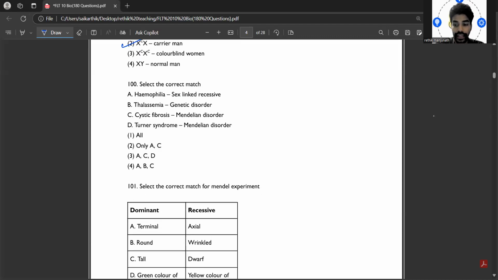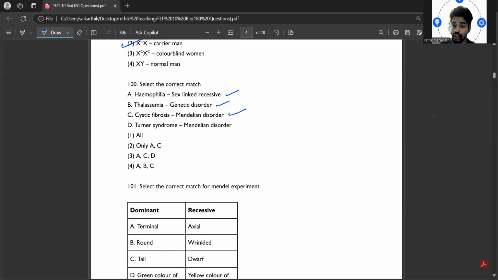Question number 100 says, select the correct match. Hemophilia, sex-linked recessive, correct. Then thalassemia, a genetic disorder, is also correct. Then cystic fibrosis, it is actually a mental disorder, is correct.